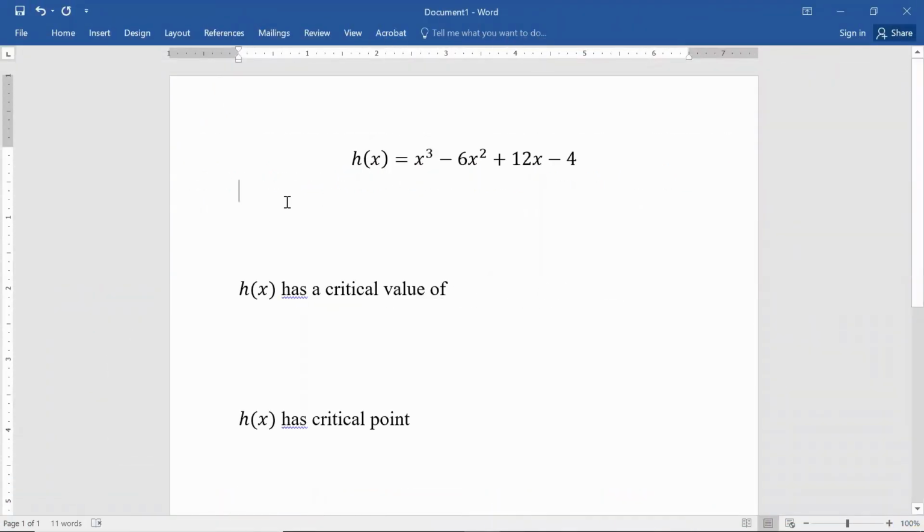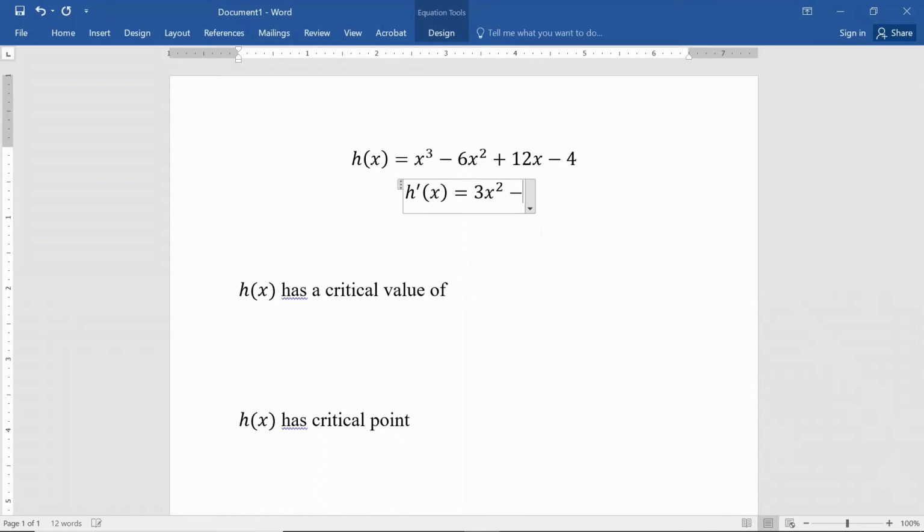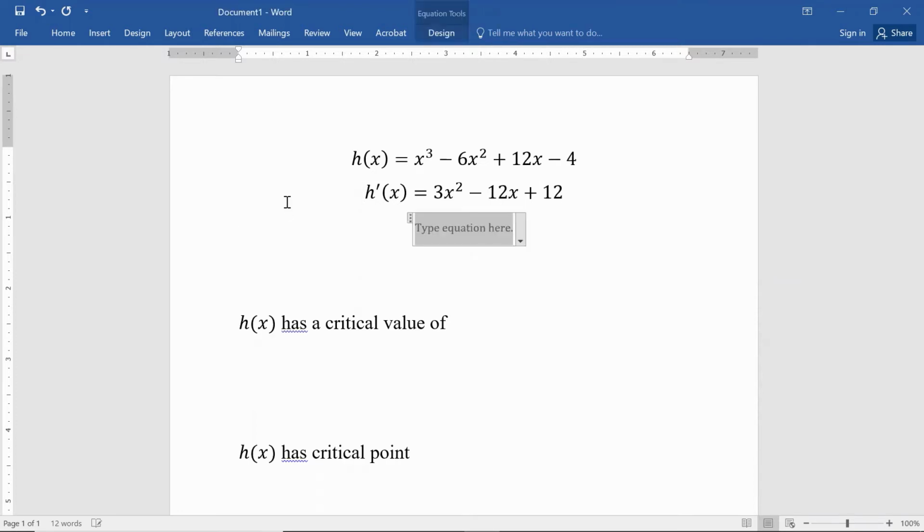Let's take the derivative, h prime of x is equal to 3x squared minus 12x plus 12 plus 0. Then we set that derivative equal to 0.